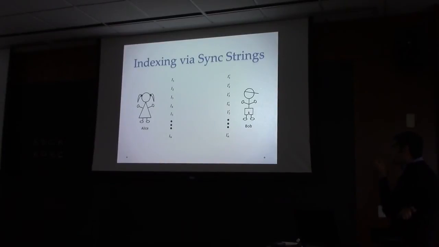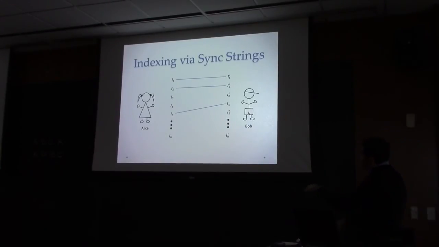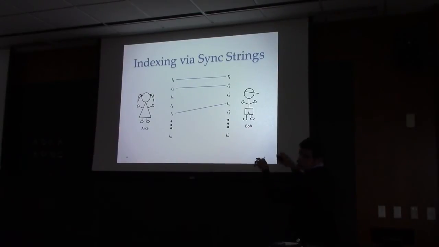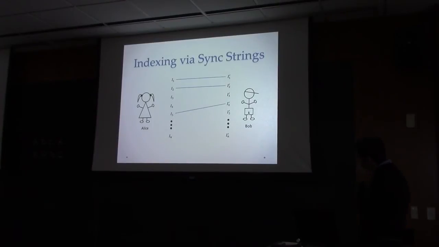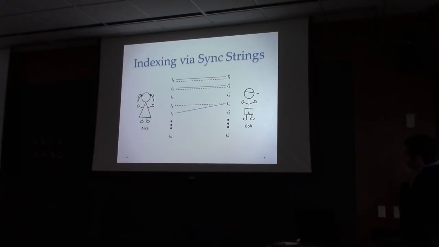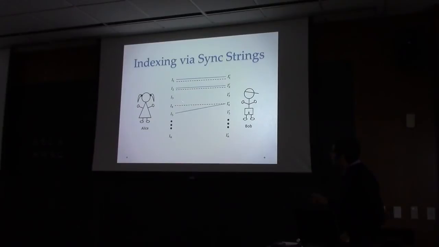The algorithm is pretty easy. What we do is just find the largest common substring between those two strings. Here the red lines show the largest common substring in these two strings, and the dashed red lines show the actual matching, which corresponds to what the adversary has actually done.